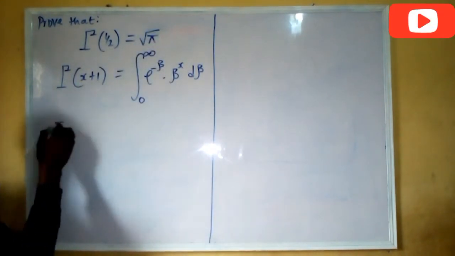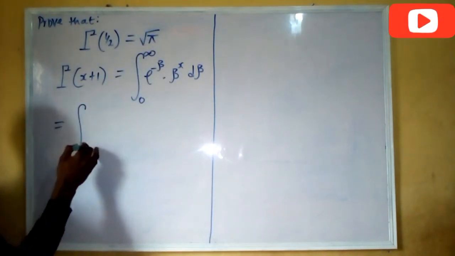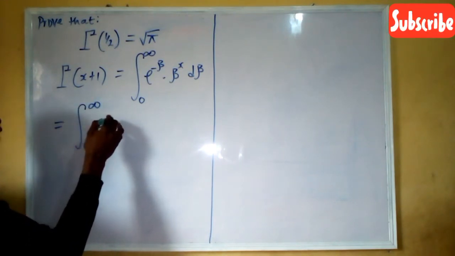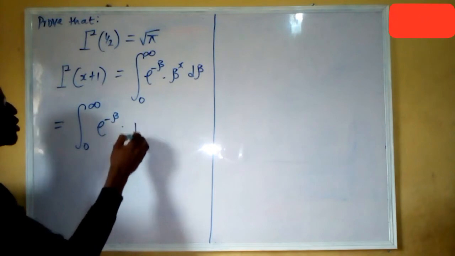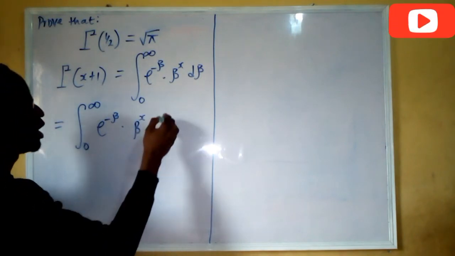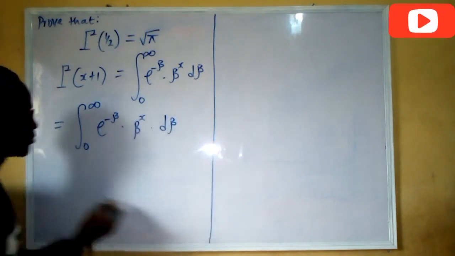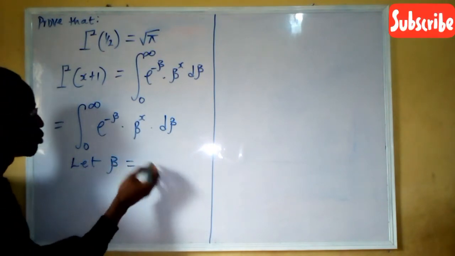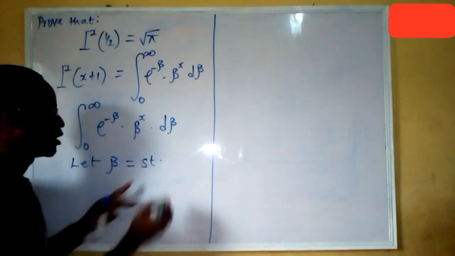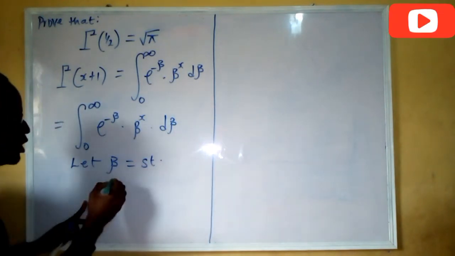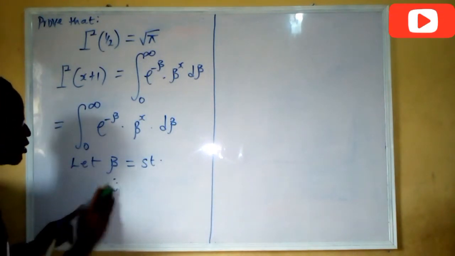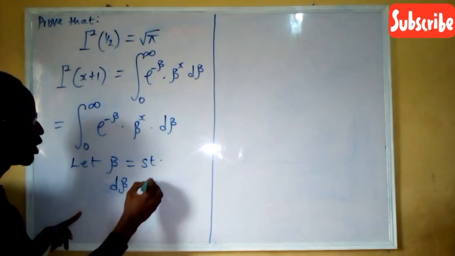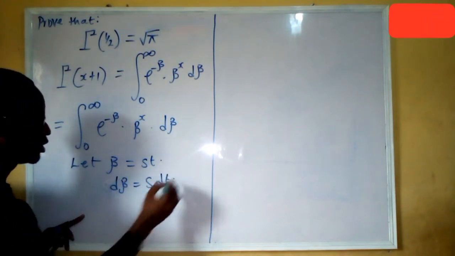So let's proceed. I have the integral from 0 to infinity of e raised to the power minus b, times b raised to the power x, db. Let b equal st. Then db will be s dt.